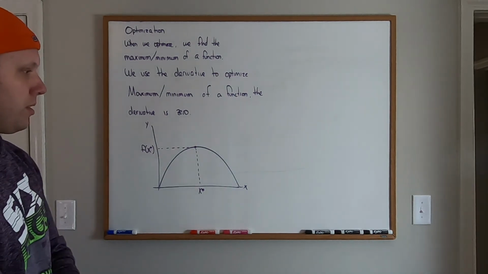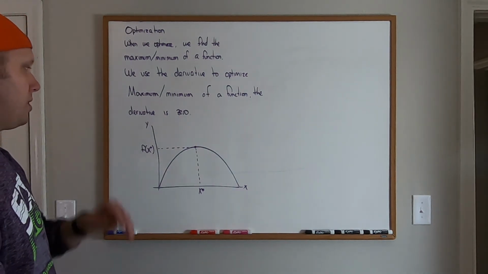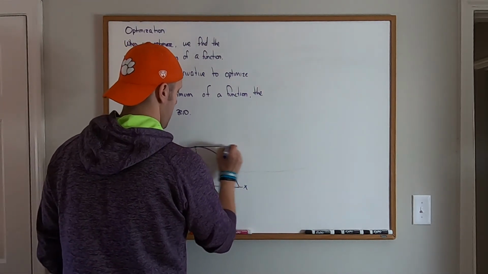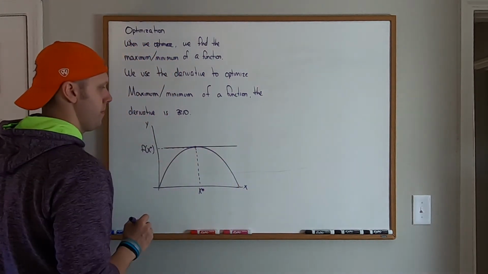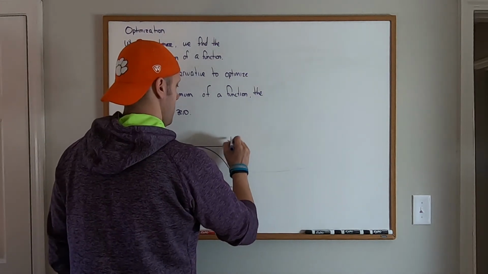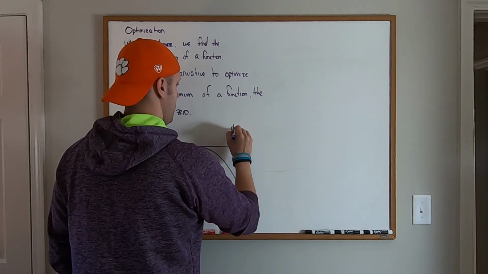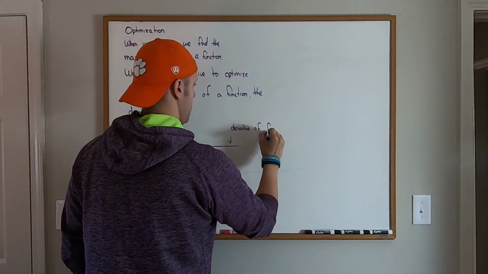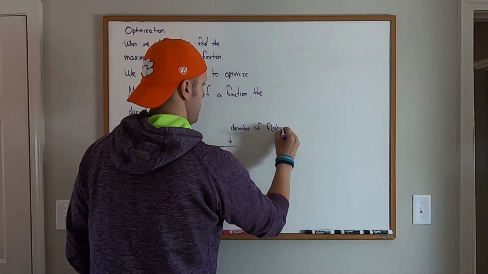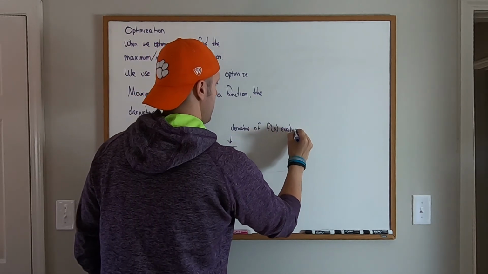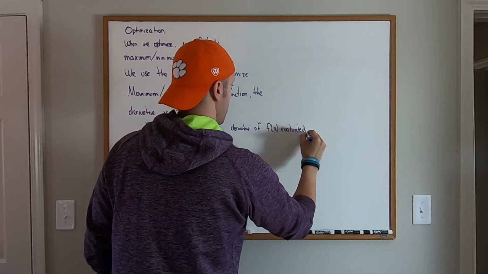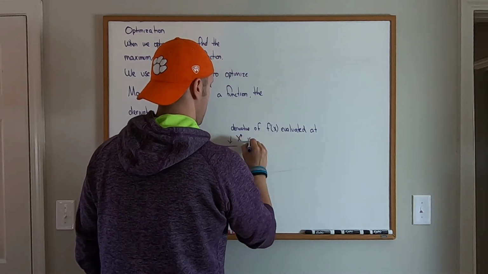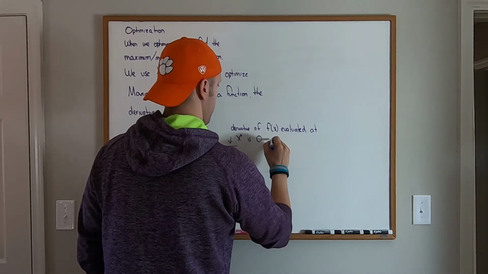If we think about the derivative of this function evaluated at x star, it would be a flat line. So I can say the derivative of f of x evaluated at x star is 0.